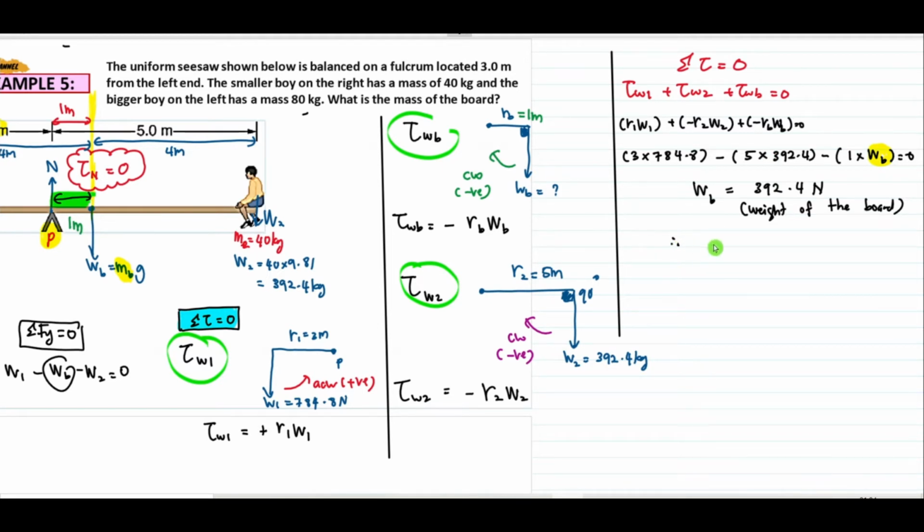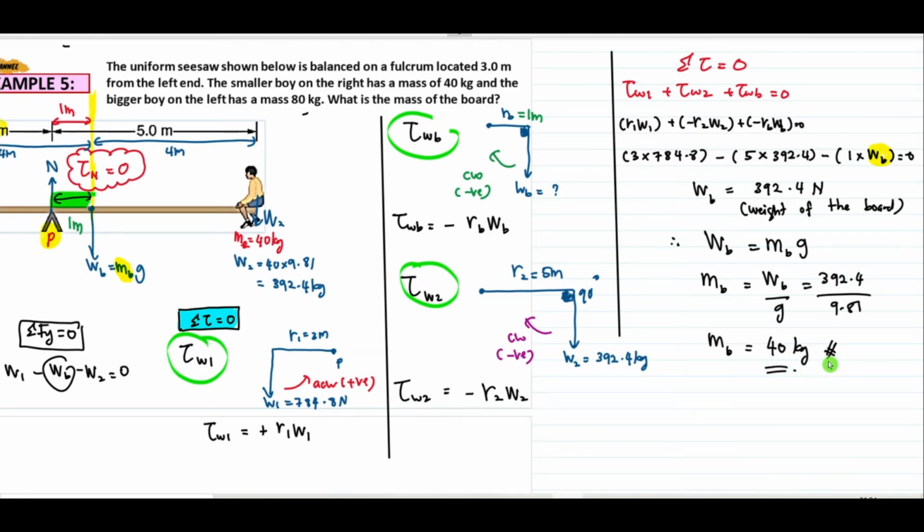Okay, therefore WB is equal to mass of the board times gravity. So MB is equal to WB over G. Okay, masukkanlah nilai dia. Okay, so finally you akan dapat mass of the board is equal to 40 kg. Okay, so this is the answer.